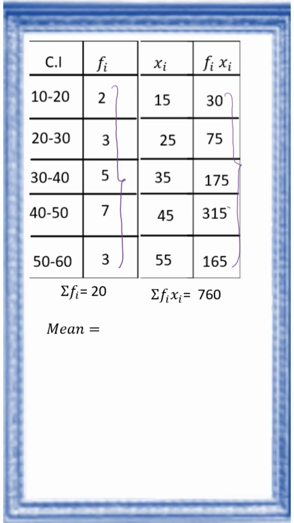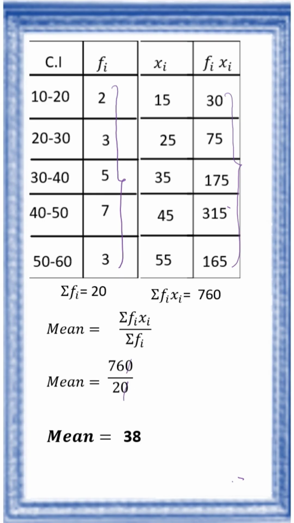Mean is equal to summation of fi xi upon summation of fi. Substitute the values: 760 by 20. Here 0 and 0 get cancelled. Now we have 76 by 2, that is equal to 38.